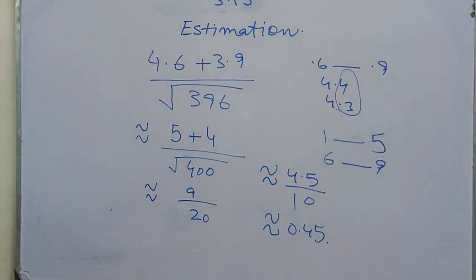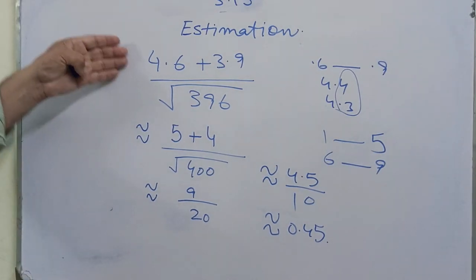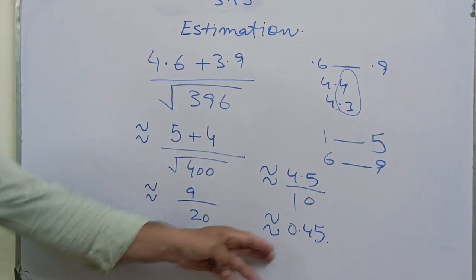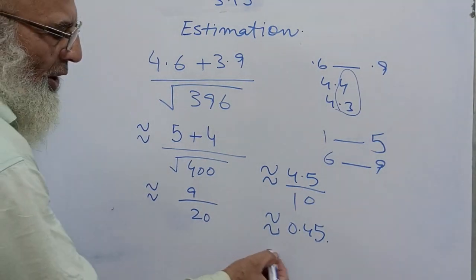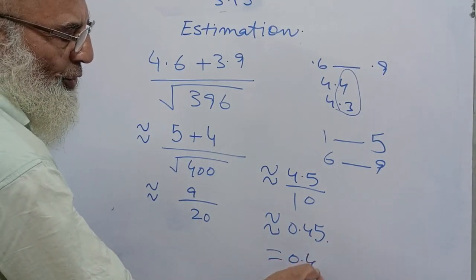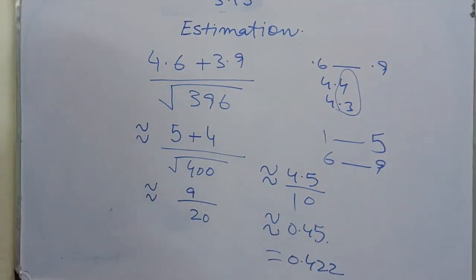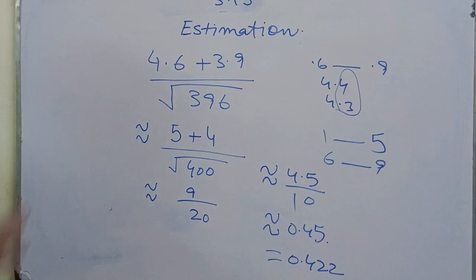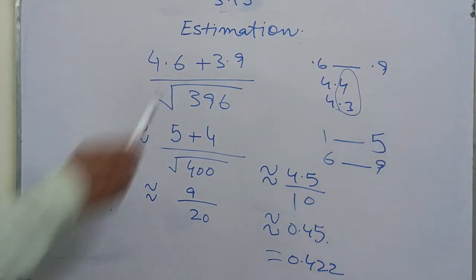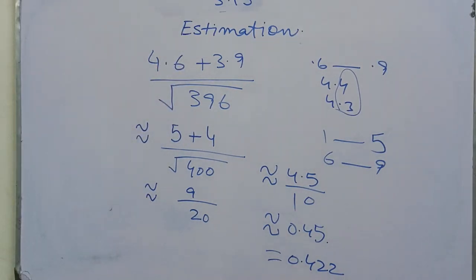So from estimation, we have been able to solve such a difficult question in just under a minute. If you calculate it, it will almost come to 0.422, which is quite near to this one. So it does not make any difference when you are doing the estimation.